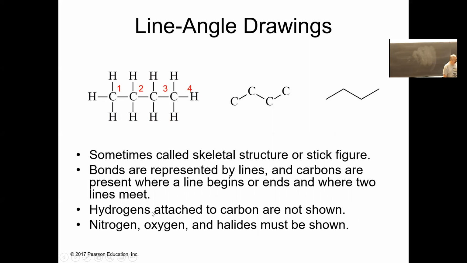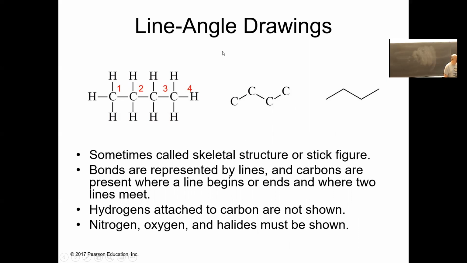Okay, we omit the hydrogens, they're implied. Nitrogen, oxygen, and halogens must be shown, and if there are H's on the nitrogen or the oxygen, those also have to be shown. Okay, we have to show any double or triple bonds.